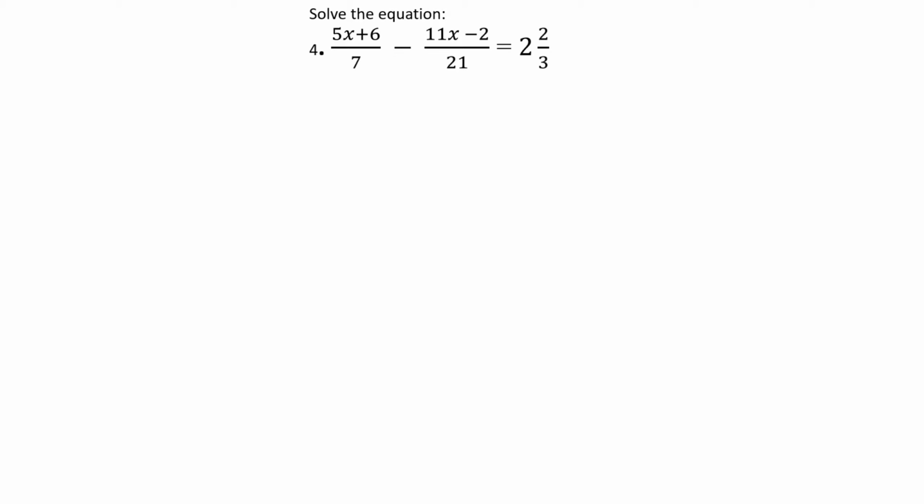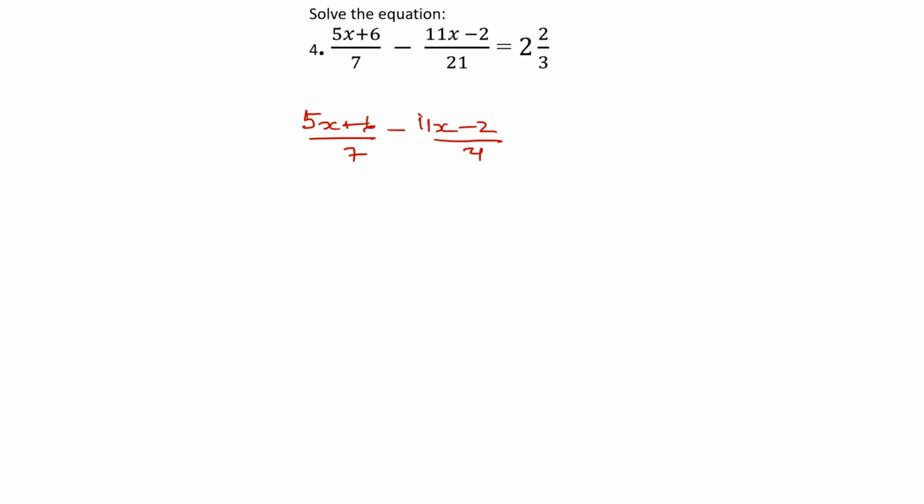We rewrite this again, 5x plus 6 over 7 minus 11x minus 2 over 21.